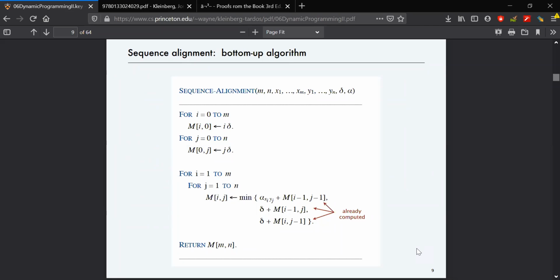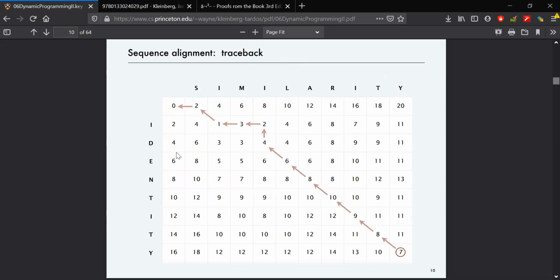Okay, and then you have this algorithm. It's much easier to look at this algorithm in an example. These are your 2 strings: one is similarity and the other is identity, and you want to come up with the minimum cost alignment for these strings.